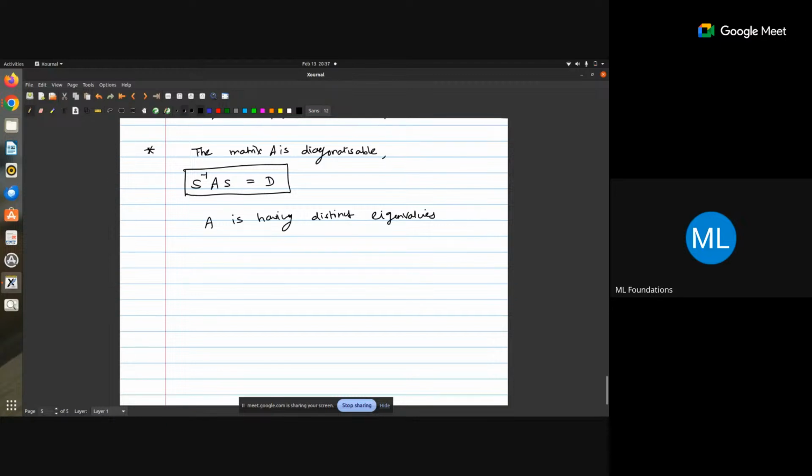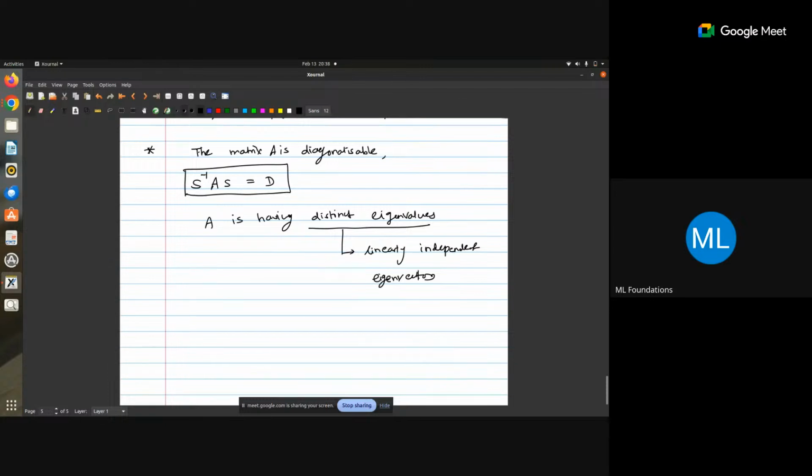So we said that if A has distinct eigenvalues, what does that translate to? It will have linearly independent eigenvectors, right? If you have linearly independent eigenvectors, then you will be able to find a matrix S such that S inverse A S gives a diagonal matrix.